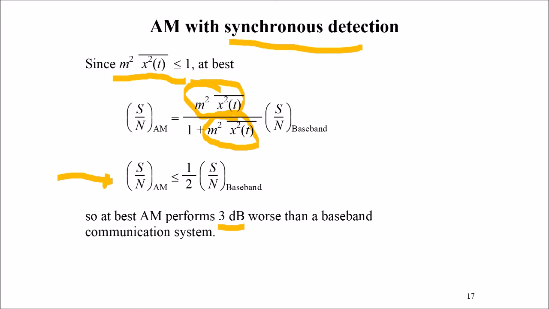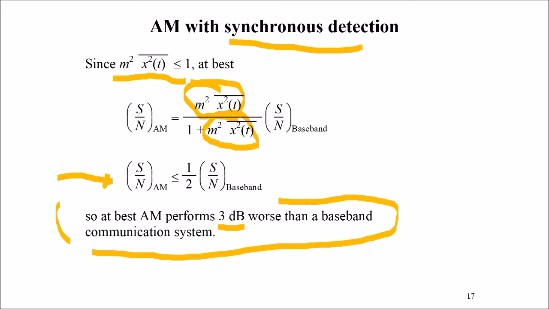With AM amplitude modulation, even with synchronous detection, it can never be as good as baseband. It's always going to be worse, which accounts for the static and the hiss that you invariably hear in an AM radio.